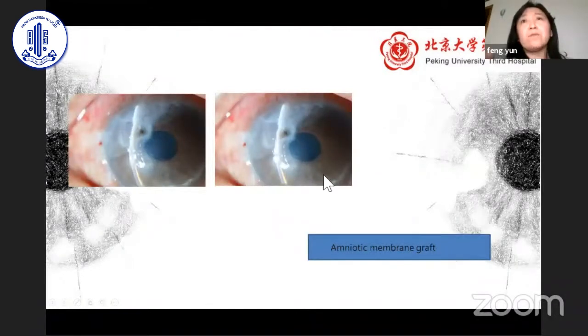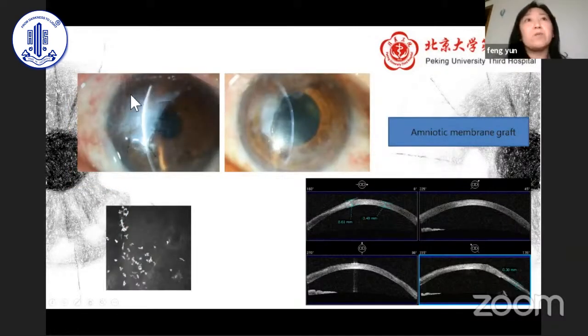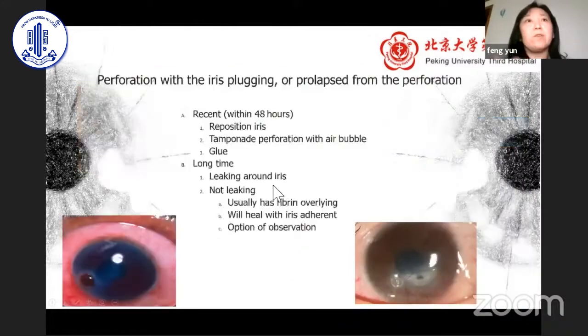For these patients, if we use surgical treatment, we can use an amniotic membrane graft for irregular patterns. We use the membrane in multiple layers and suture it, and they can heal the micro perforation. It's very quick and very good management.